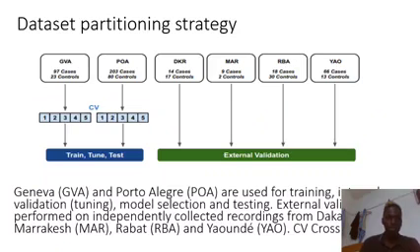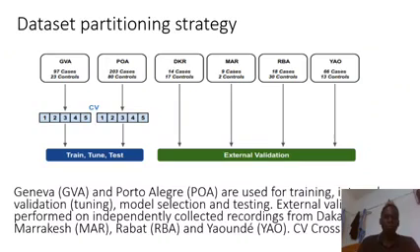The dataset in this paper was partitioned, as you can see. First, we have Geneva and POA, which were used in training and testing.